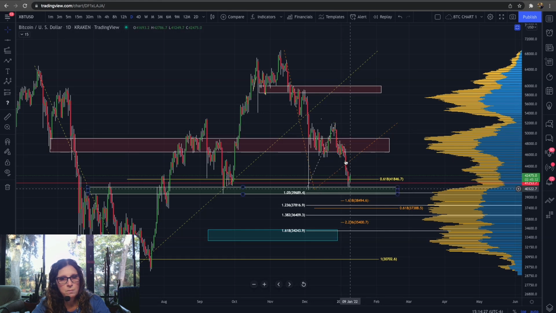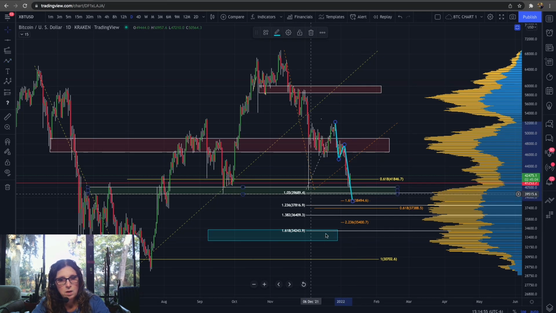Now let's talk a little bit more about this. Say that we're not particularly reversing right now, and this is just a bounce. We have what we call the expanded B, and I have talked about this before. This move as a zigzag can come down to this 1.618.